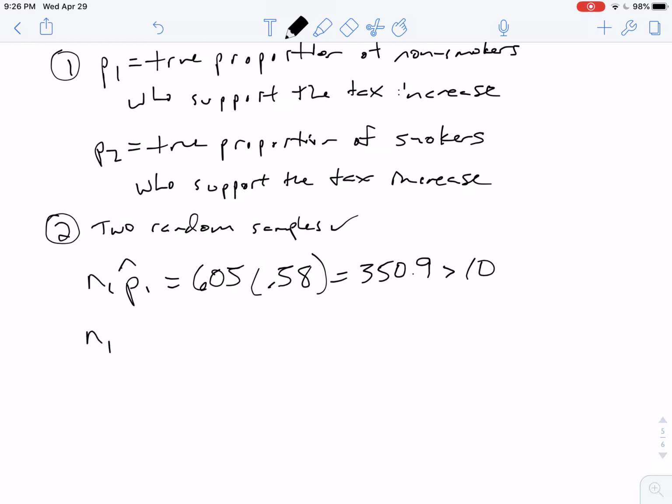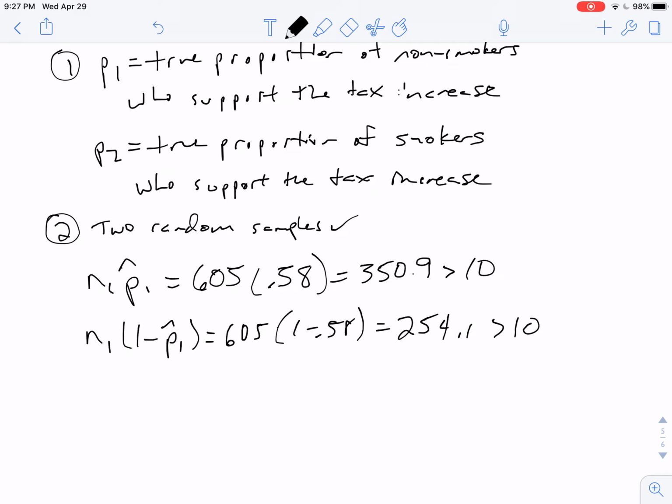We want N1 times 1 minus P hat 1. And that's 605 times 1 minus 0.58. And that will be 254.1, also greater than 10. So the first sample is good.